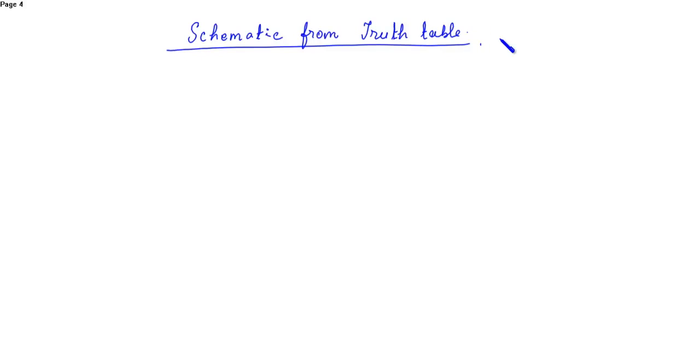Okay, so now how will you draw the schematic from the truth table? Truth table is 0 0 1, 0 1 0, 1 0 0, 1 1 1. So let us draw two transmission gates first.